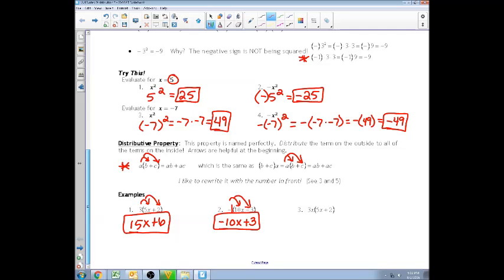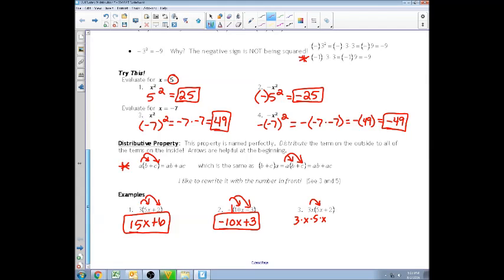Okay, let's look at number 3. I have 3x times 5x plus 2. All right, so I'm going to take the 3x times the 5x. Let's just look at that by itself first. What this really means is I have 3 times x times 5 times x.